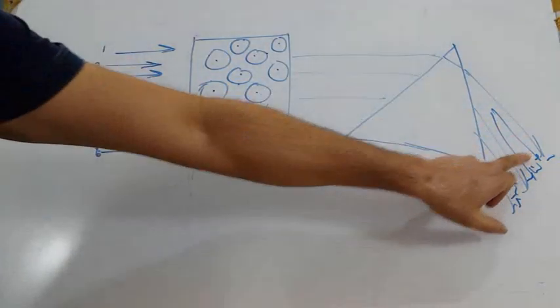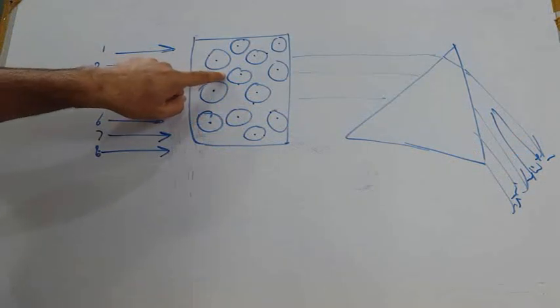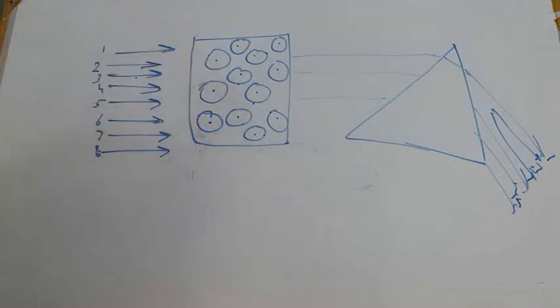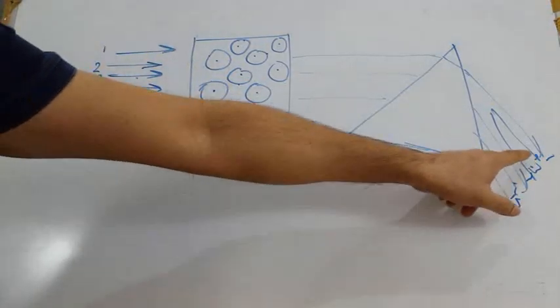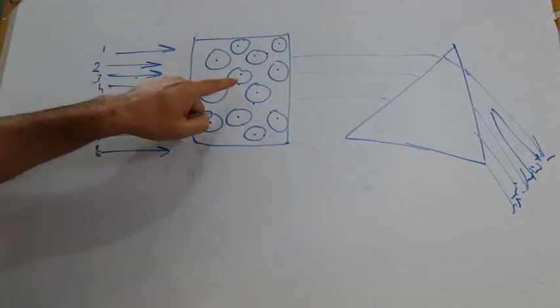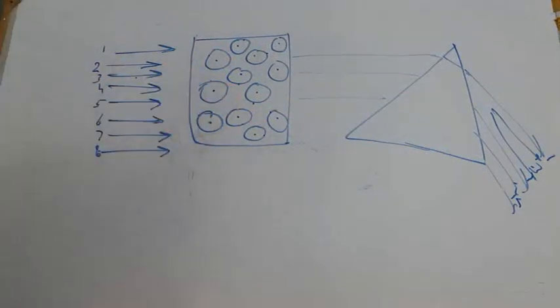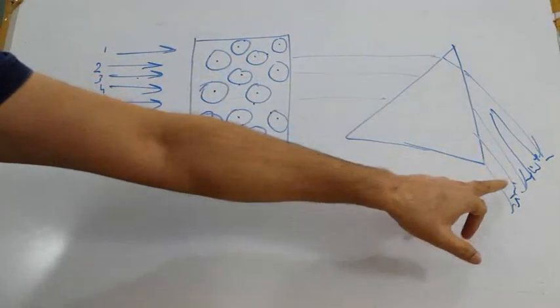Means these frequencies were absorbed by this sample, and every time the same frequencies are absorbed if this element is the same. If we change the element, different frequencies are found missing.